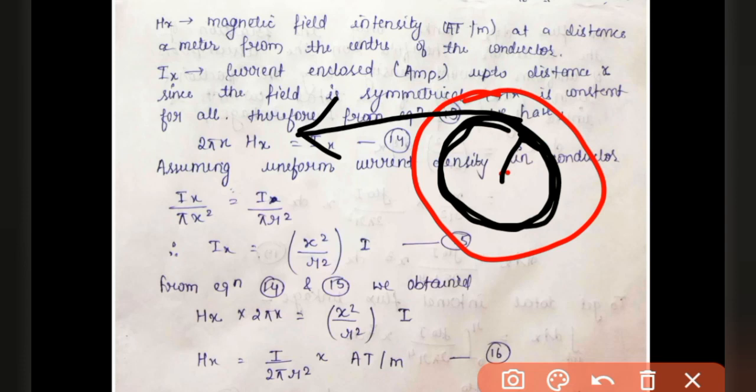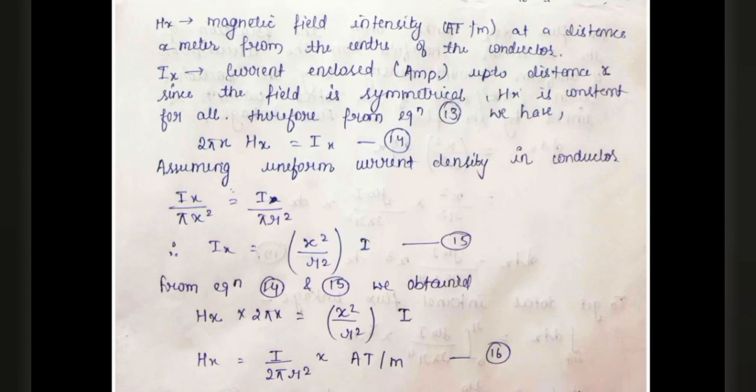Okay, it means it is a symmetrical form. Field is symmetrical. Symmetrical means at the distance of x there is the same magnetic field intensity all over the conductor.